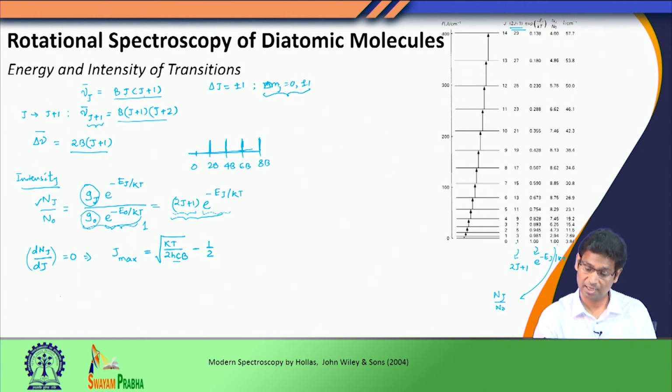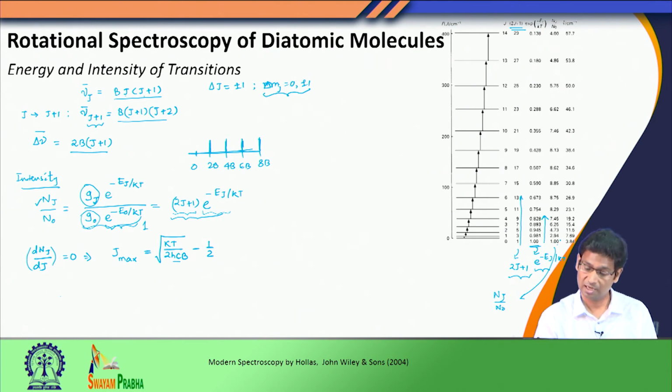You can see the 2J plus 1 increases as I increase J, while the term e to the power minus Ej divided by kT decreases; it starts from 1 and goes down further. Now, when I multiply the second column with the third column, I see the relative population.